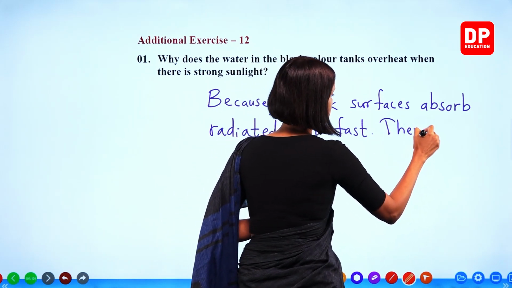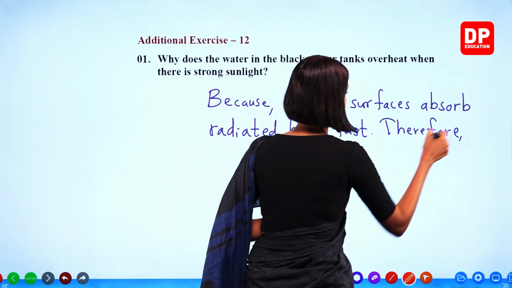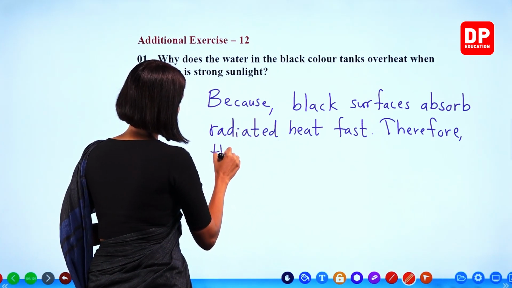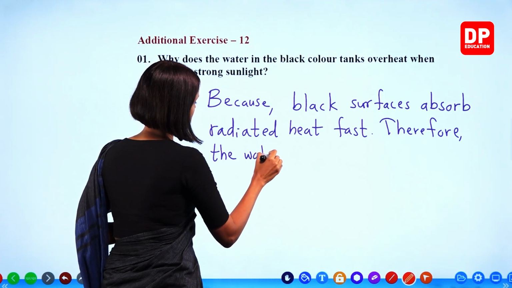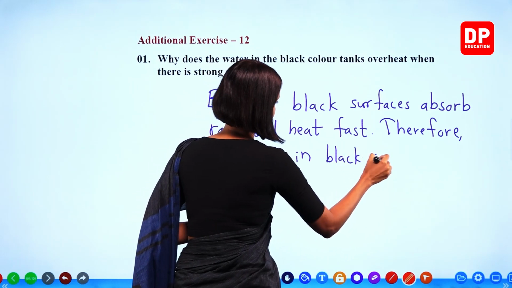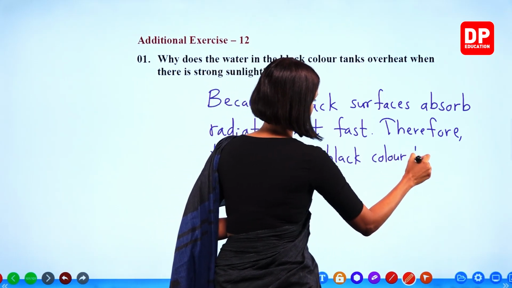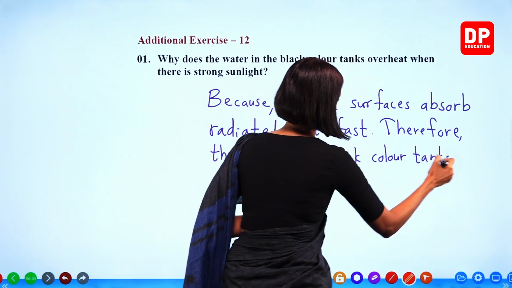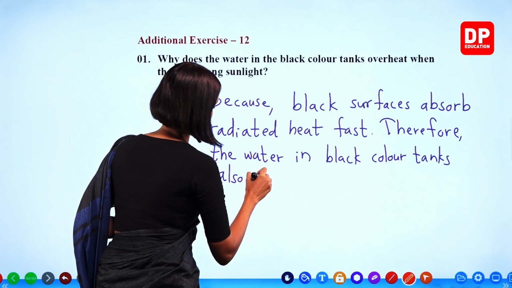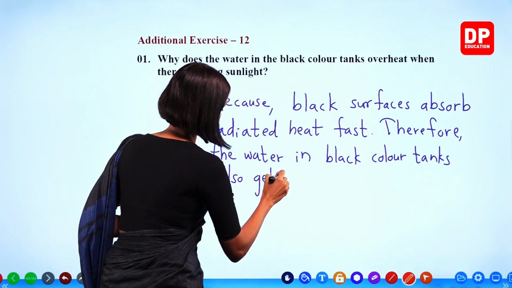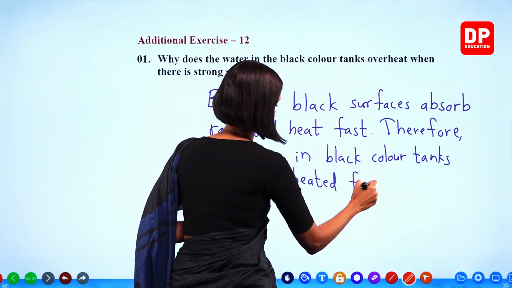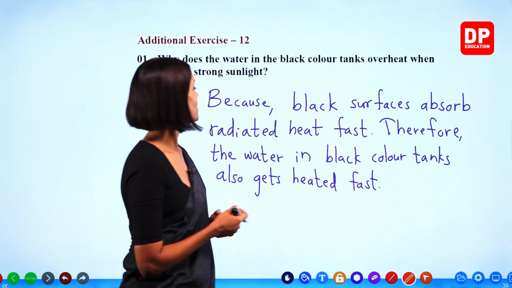Therefore, the water in black color tanks also gets heated fast, right?